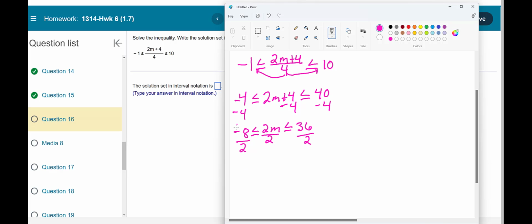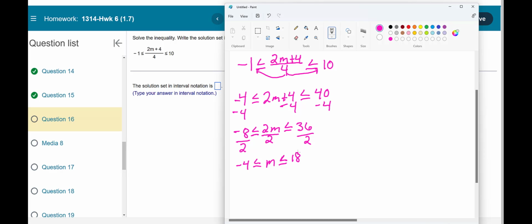And then we end up with -8 divided by 2 is -4, m. And then 36 divided by 2, I'm going to say 18, but let me type it in. Okay, 18. So our equation looks like this.